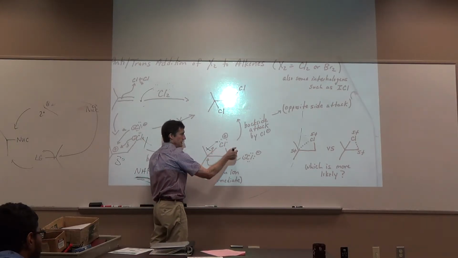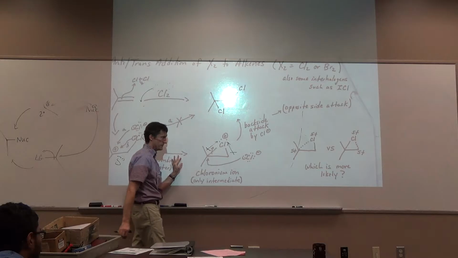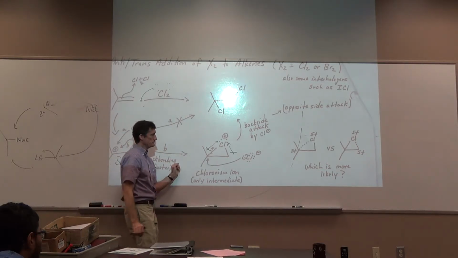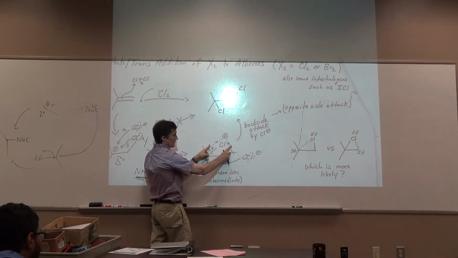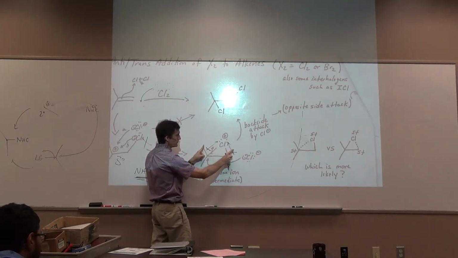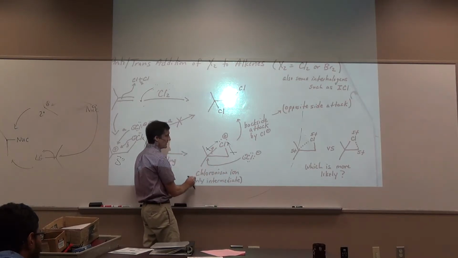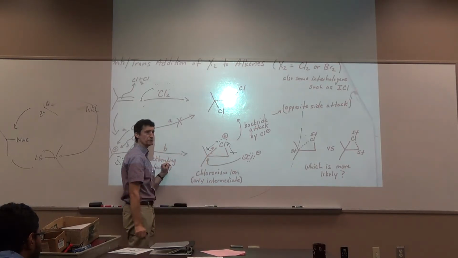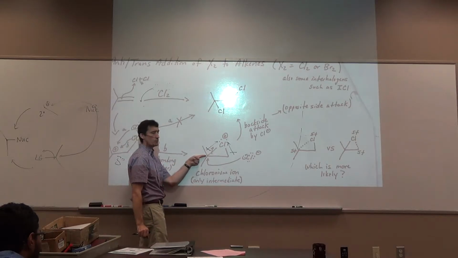Now it can also pull here. Which side is it going to pull more on? The answer is it's going to pull more on the side to leave positive on a carbon that can handle it. Which carbon can handle more positive charge? The one on the left.